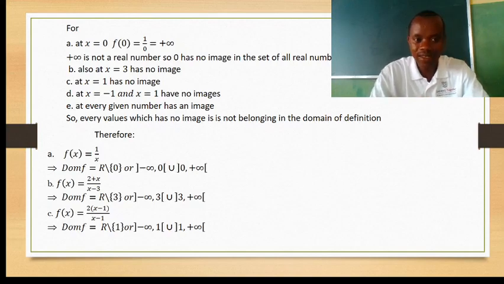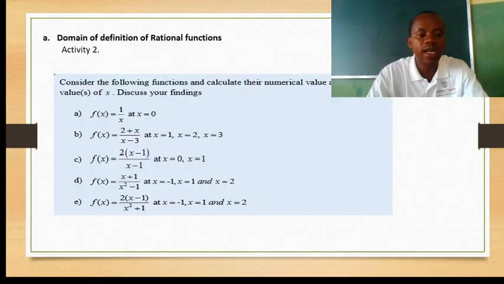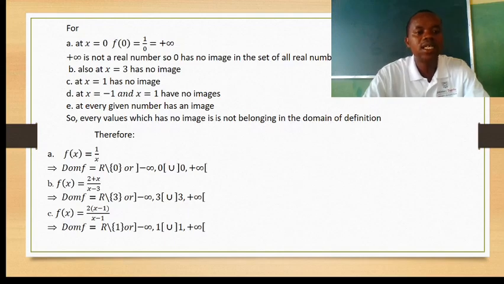For C, at x equal to 1 we don't have the image, but at x equal to 0 we have the image. It means that for C, only at x equal to 1 do we not have the image.